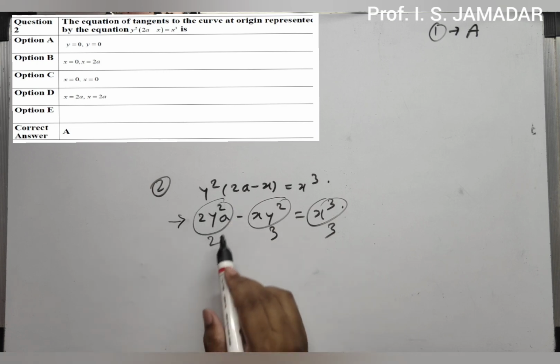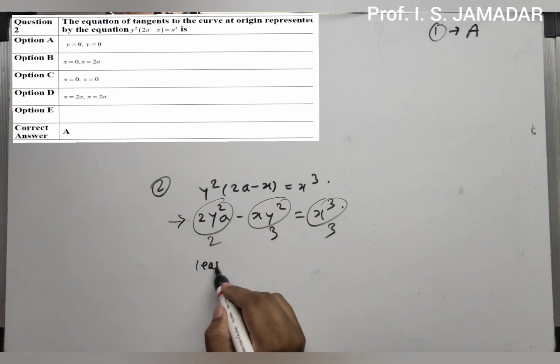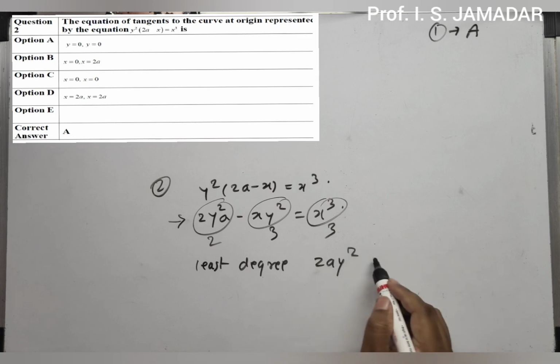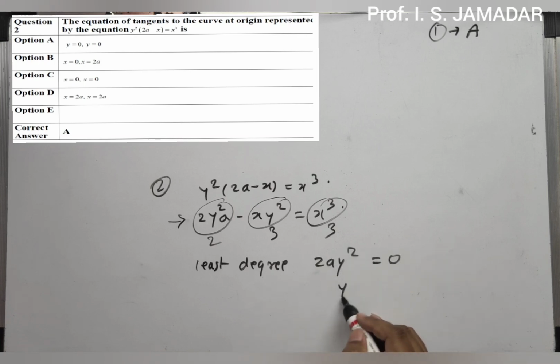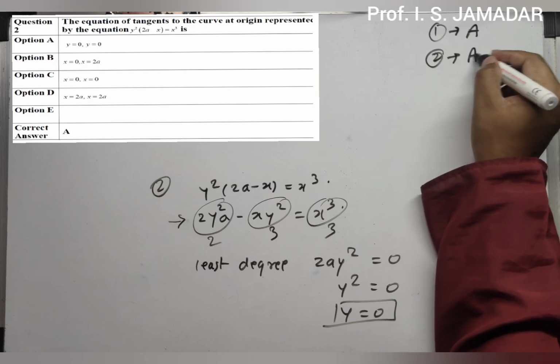A is a constant, so its power you don't have to consider. So the least degree term is 2a y square equal to 0. That will give you y square equal to 0, meaning y equal to 0. This is the tangent at origin. So for the second example, the answer is option A.